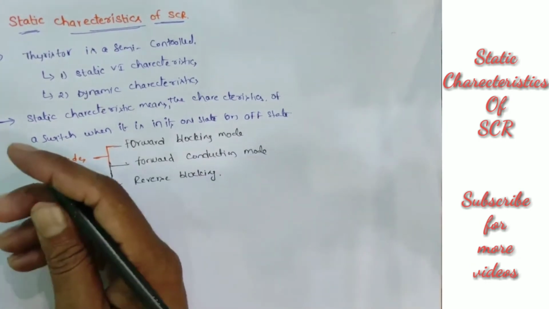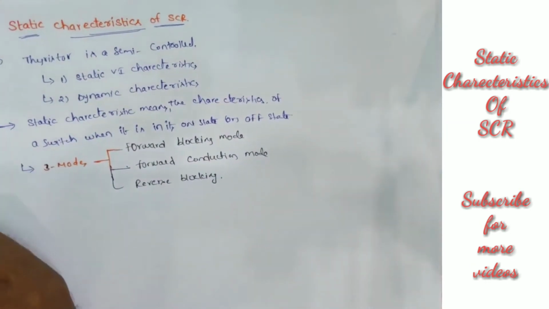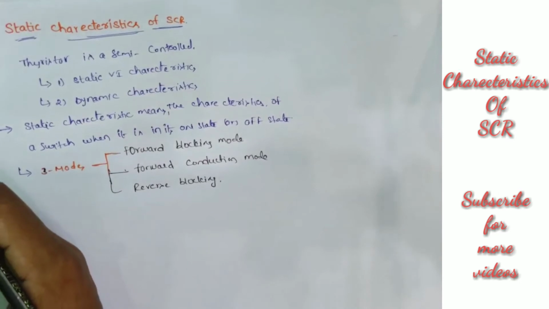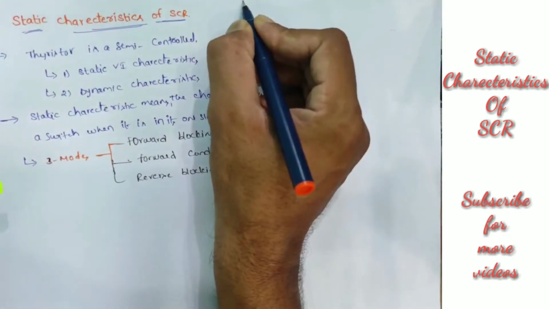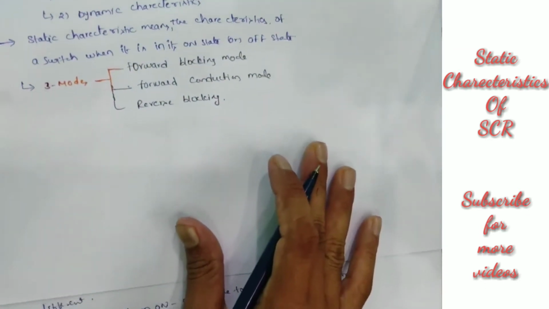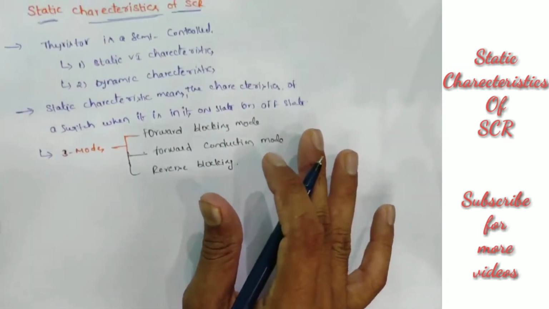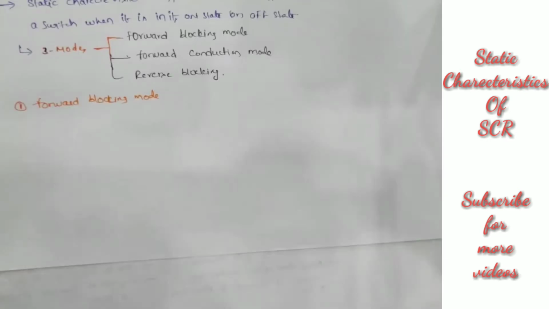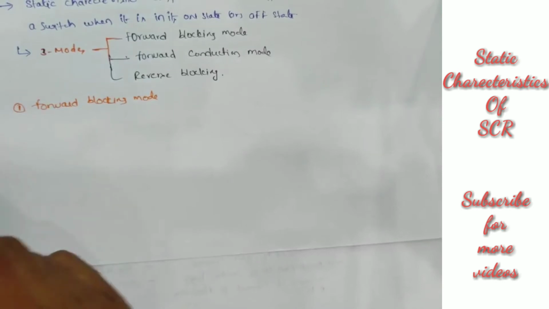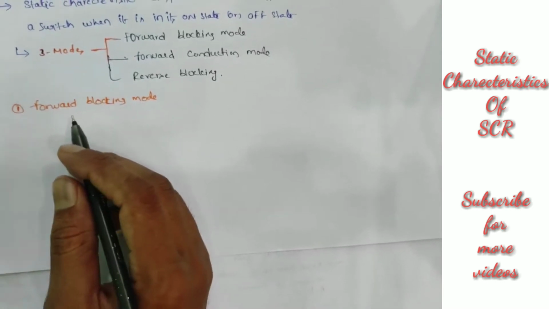Let us discuss the forward blocking mode first. In this mode, we will draw the structure first.